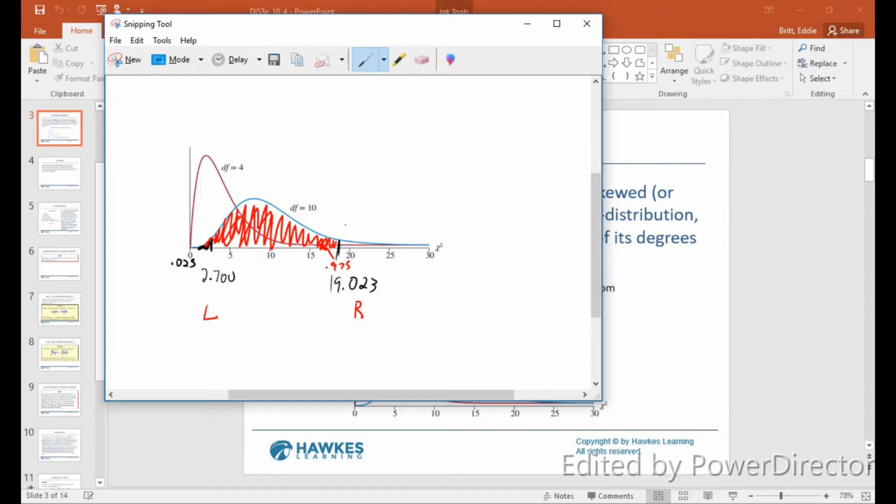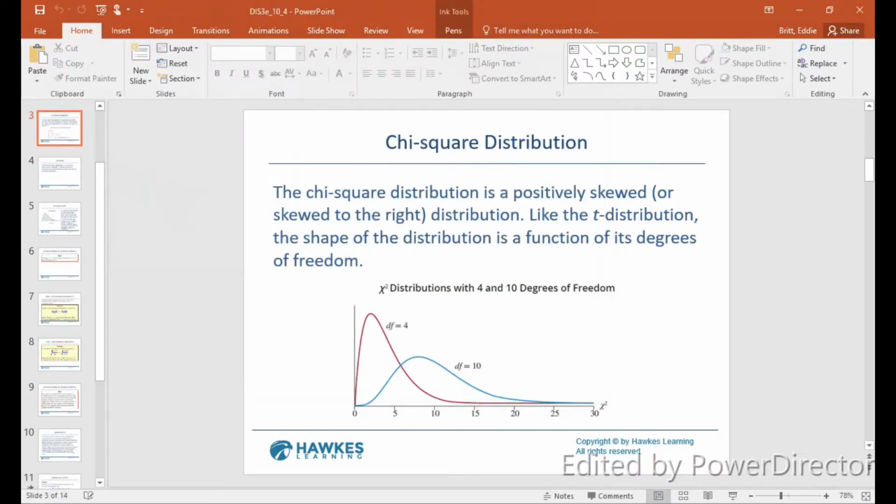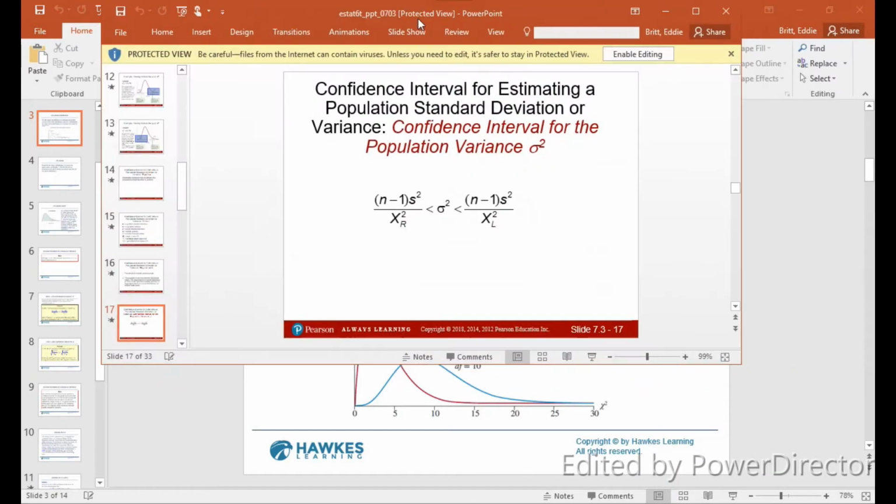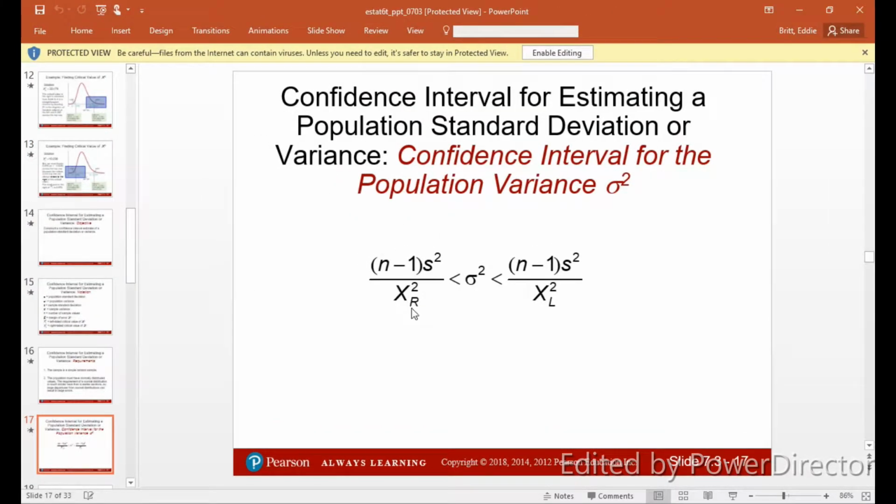Remember the formulas? I showed you that formula that had the sub L and the sub R. Remember that one? So there's a couple of ways to remember which critical value goes with which part of the formula. You know, the sub R goes on the left side, the sub L goes on the right side.